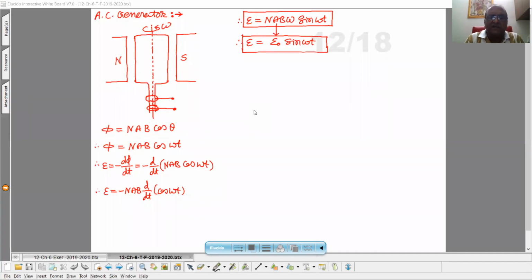This AC generator works on the principle of electromagnetic induction. Okay. Now in the figure 6.17, it is represented how the EMF is induced depending on the different positions of the coil.